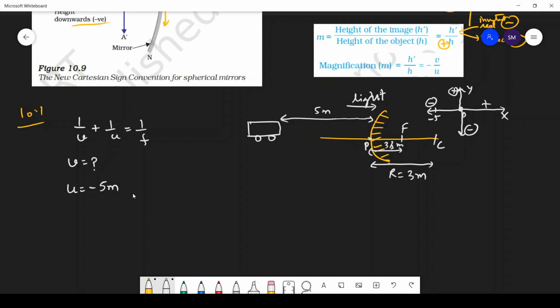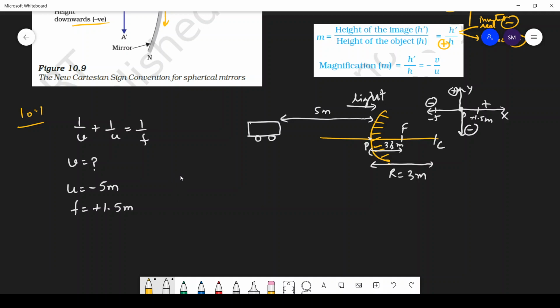And then you need the focal length. The focal length is 3 by 2 meters, which is 1.5 meters, on this side. So draw them on the axis, okay? So that's your focal length, plus 1.5 meters. Students, you won't have any problems if you do it like this. So simply put the values.